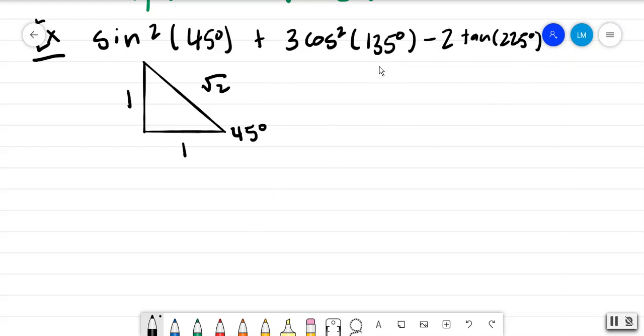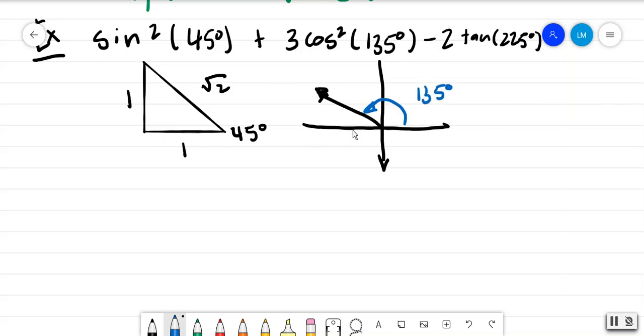Now, 135 is in the second quadrant, so that's going to be like that. If we go through the process of finding the reference angle, it's going to be 45.